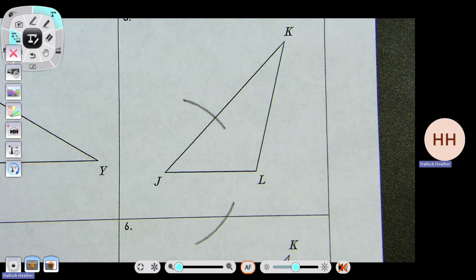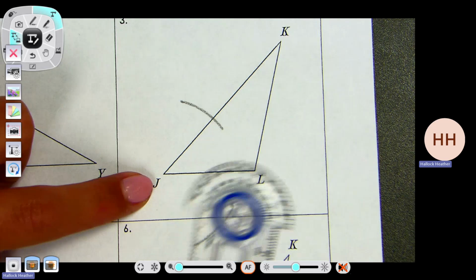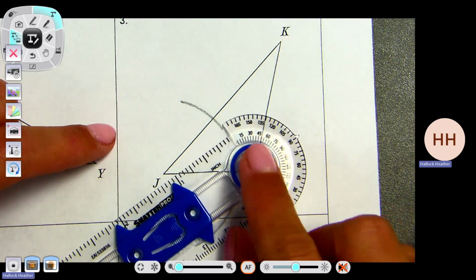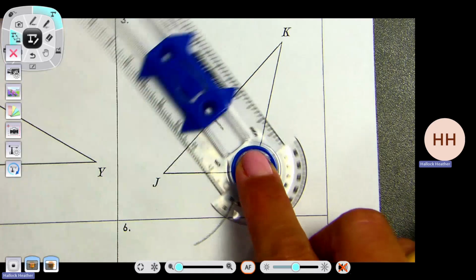Whatever compass measure you use for J, you're using the same measurement for L. You're not changing the slider. We're going to put our finger on L, go up, and make half a circle.